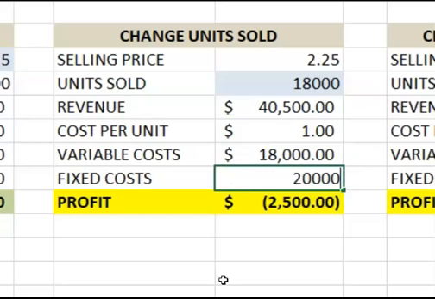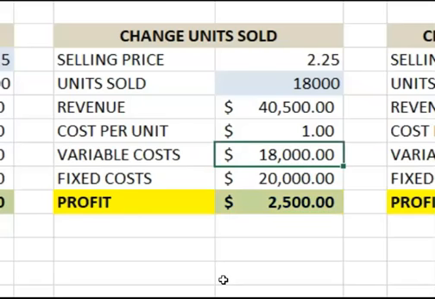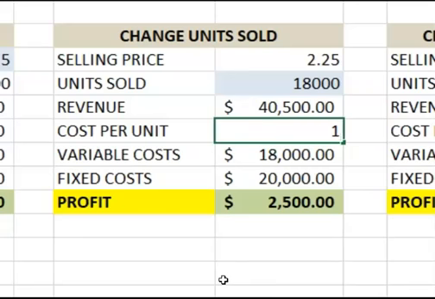But maybe I'm not going to do that kind of advertising. Maybe I'm going to pay a commission to salespeople, and it's going to cost me $1.25 variable cost, because I'm paying 25 cents. Now remember, we're selling thousands of widgets, so it's not like somebody's only going to make a quarter for selling it.